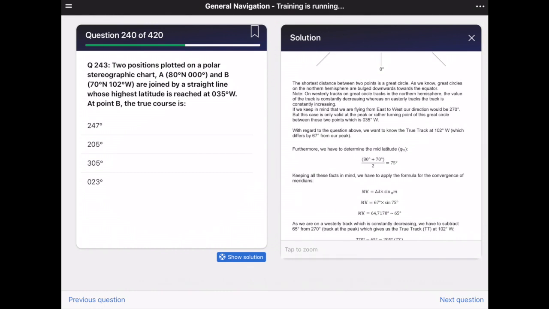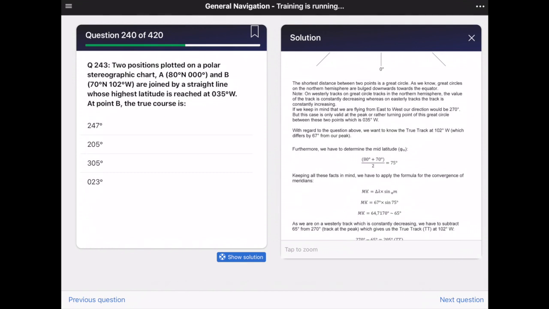And what I mentioned before is that the great circles on the northern hemisphere are bulged downwards towards the equator, let's say convex to the equator. If you're going on a westerly great circle track in the northern hemisphere, the value of the track is constantly decreasing, whereas on easterly tracks the track is constantly increasing, which means you would end up at the North Pole at the end.